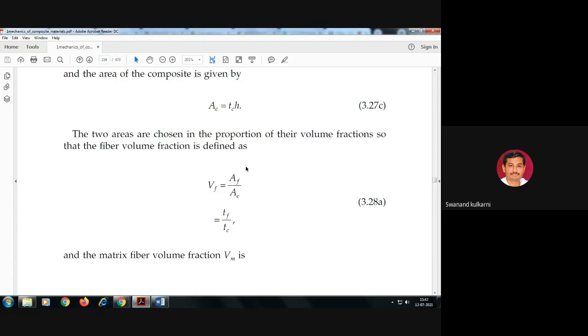Both L are the same, so L will get cancelled, and we take Af upon Ac.